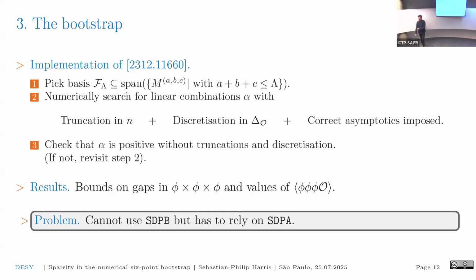So SDPB really struggles if you give it very large matrices, very large sparse matrices. Whereas SDPA is fine with it, and you can just plug the SDPs in. It's a multi-purpose semi-definite program solver that was designed to work on generic semi-definite programs such as this. So you can use SDPA.